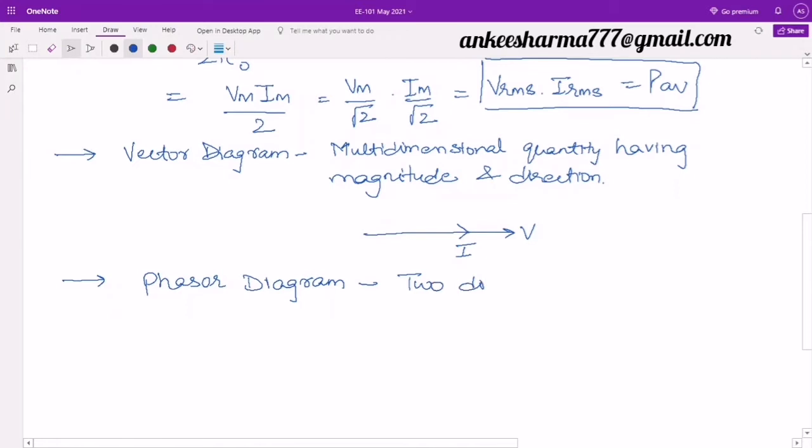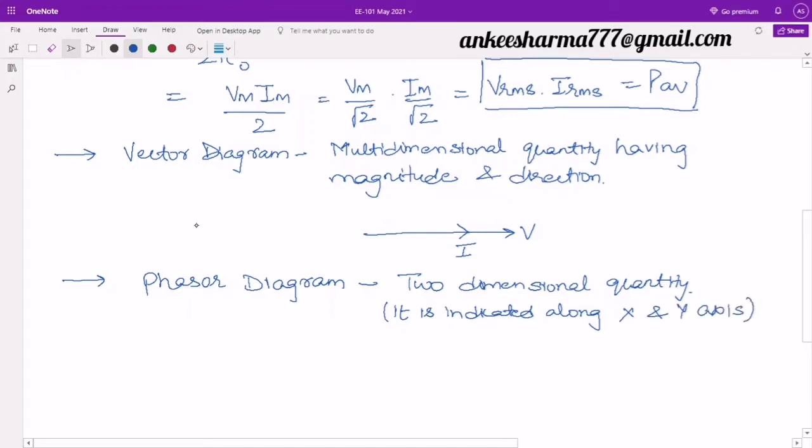It is indicated along the x and y axis. If you see here, this is also, you can say, a phasor diagram, because if I am drawing these things in 2D format on the screen, it will look almost similar.